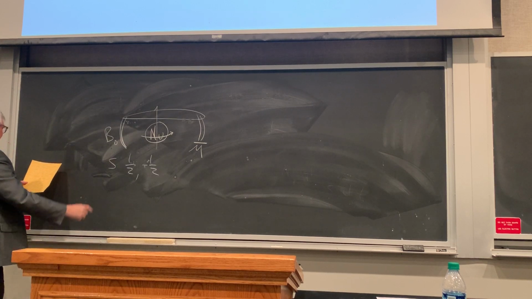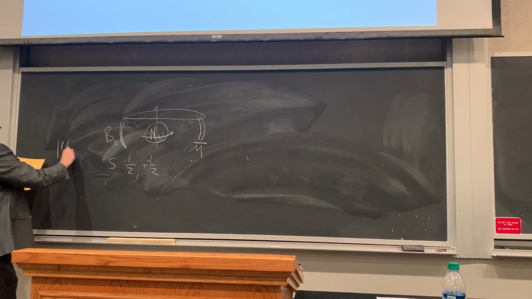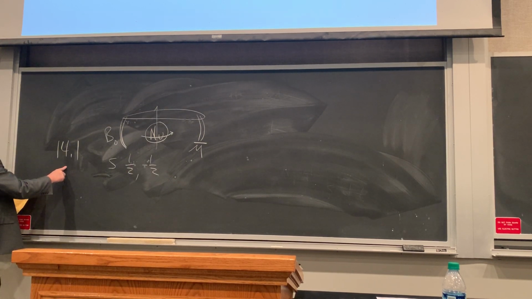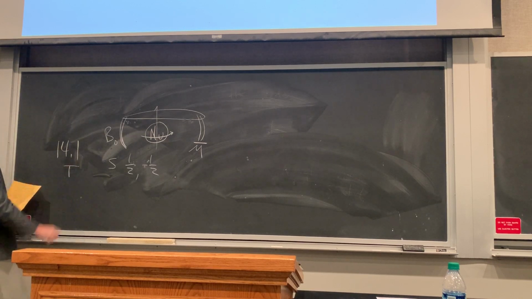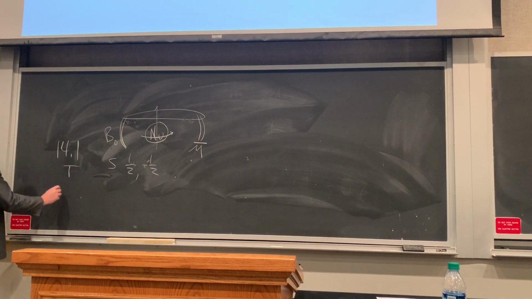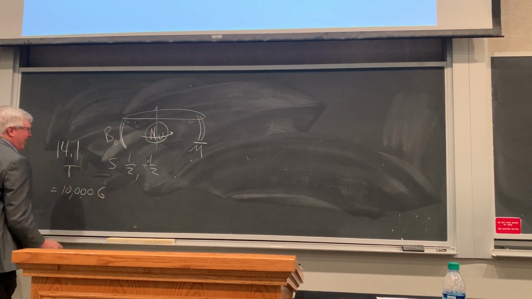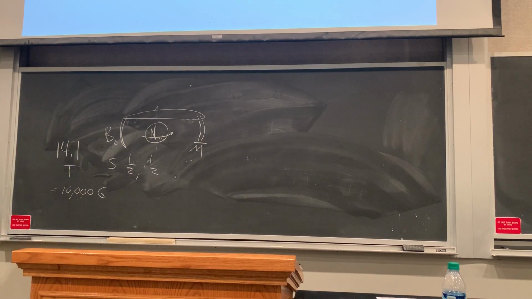A typical magnet used in NMR can be 14 or so Tesla. And a Tesla equals 10,000 Gauss.